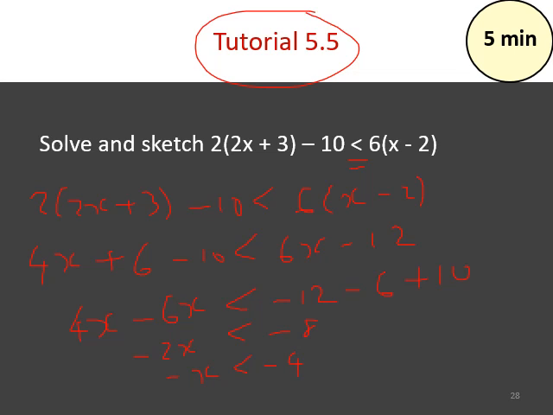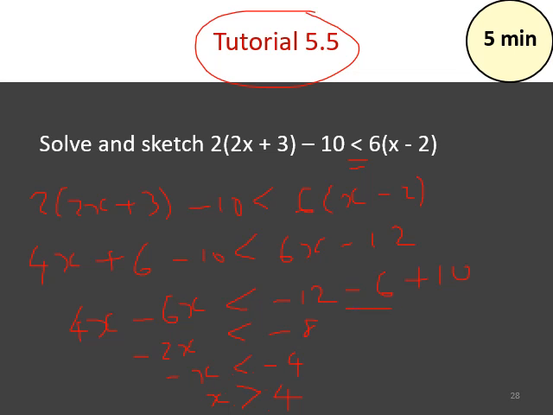Be careful, when we change the direction by dividing or multiplying, we need to change the direction of the inequality. Now we have x is greater than 4.